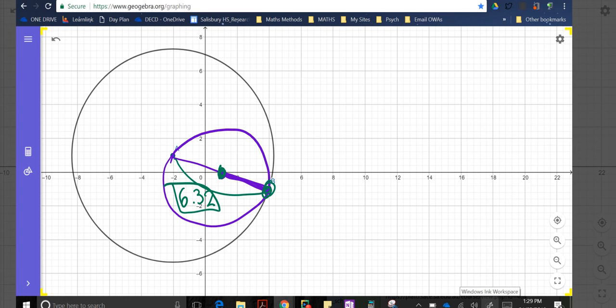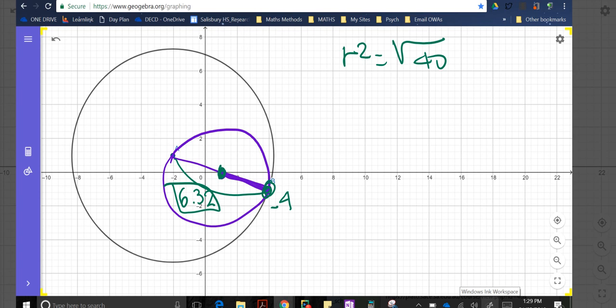So in this scenario, I will have r squared equals the square root of 40, and I need to substitute into the formula.